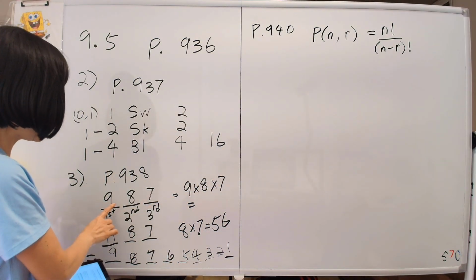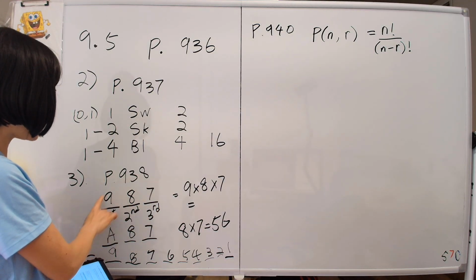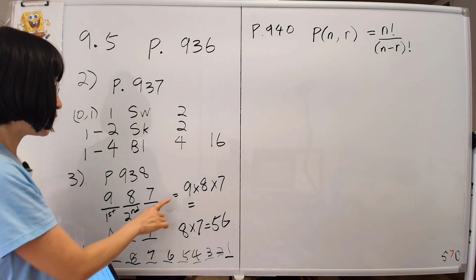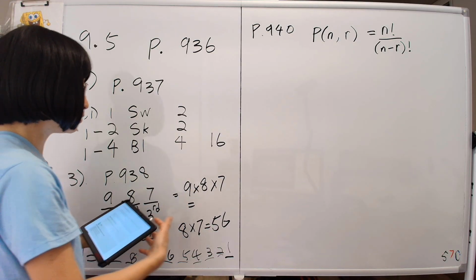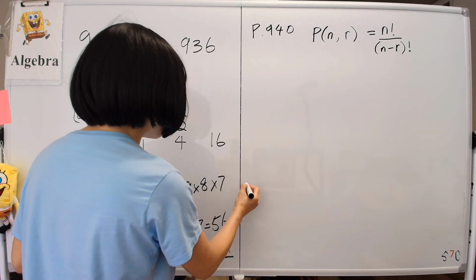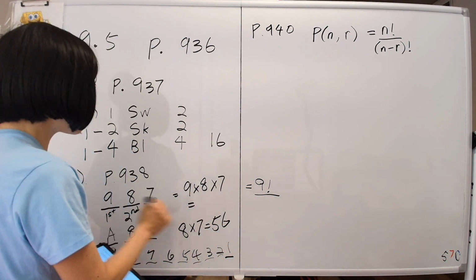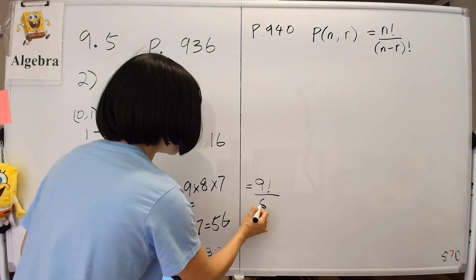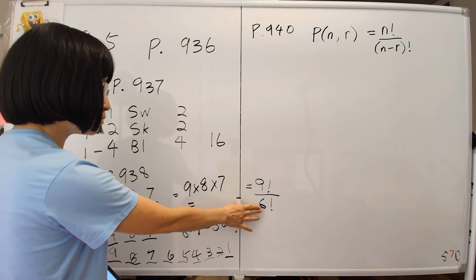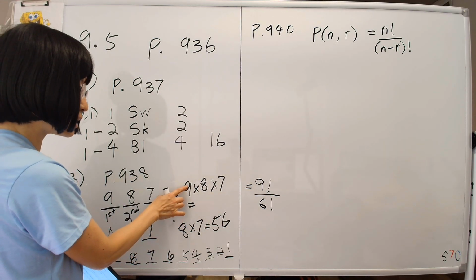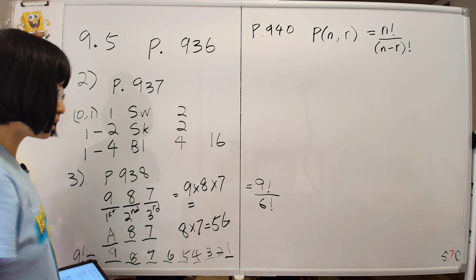We have 9 people, and out of 9 we have to choose 3 positions. So following that formula, it's 9 factorial divided by 9 minus 3, which is 6 factorial. In other words, 9 factorial divided by 6 factorial leaves just the first three numbers, 9 times 8 times 7.